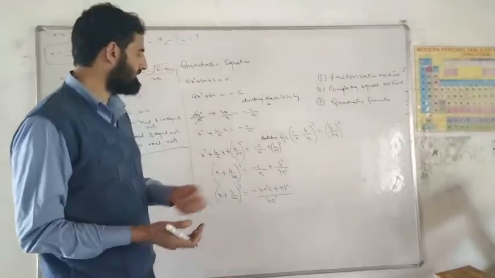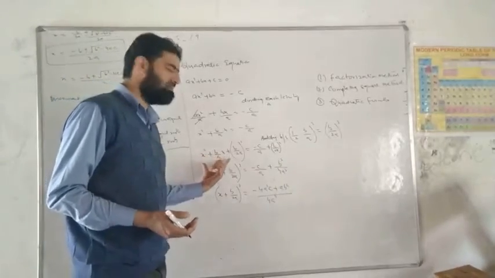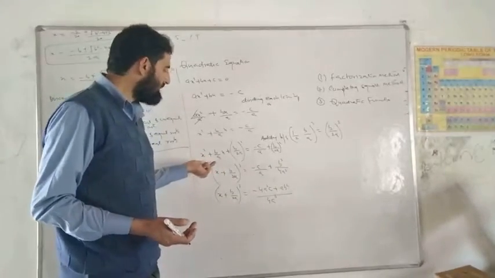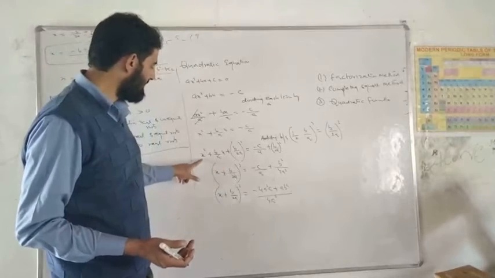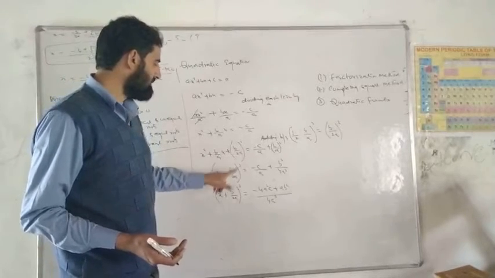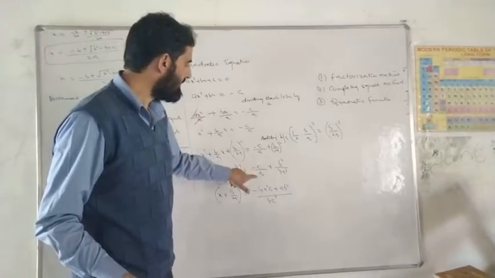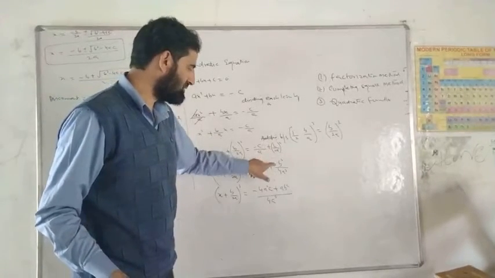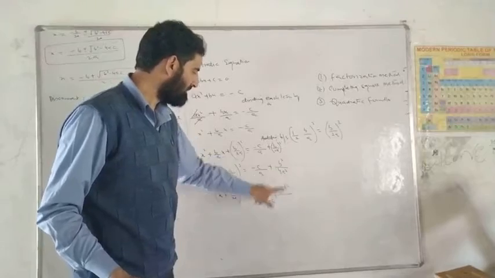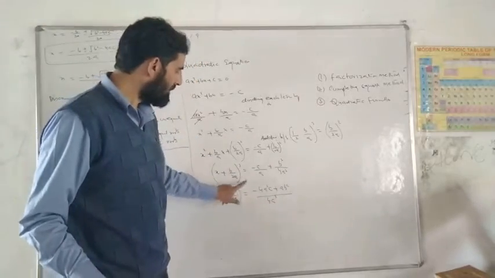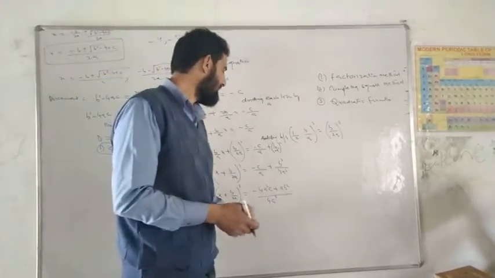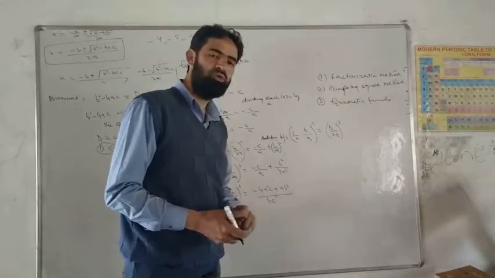Now the square got completed here, so this becomes a plus b whole square, where a is x and b is b by 2a. Now solving this further, minus c by a plus b square by 4a square, and x plus b by 2a whole square is equal to minus 4ac plus b square divided by 4a square.